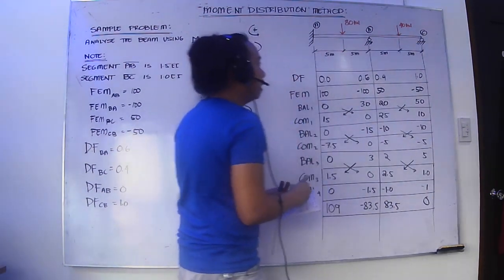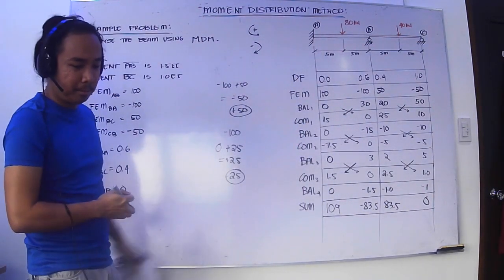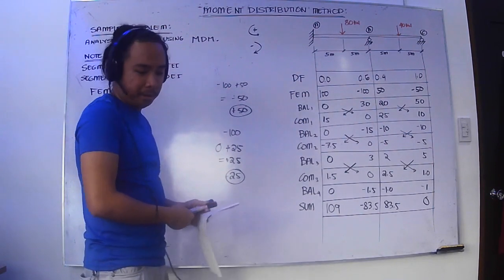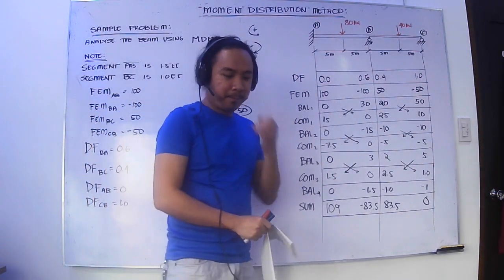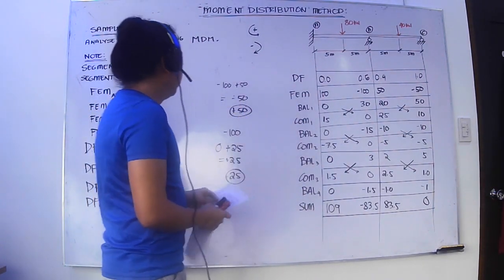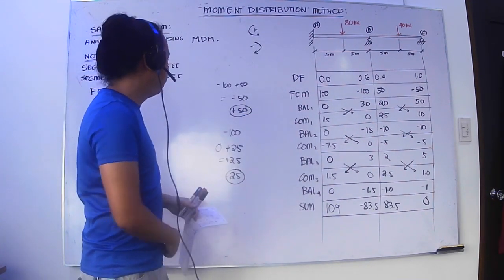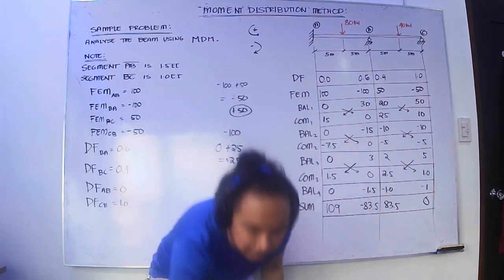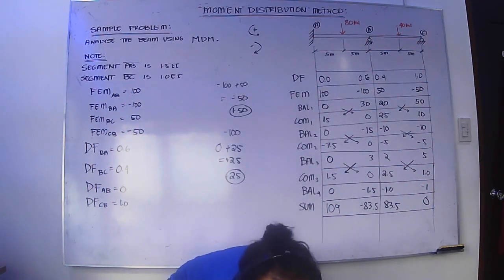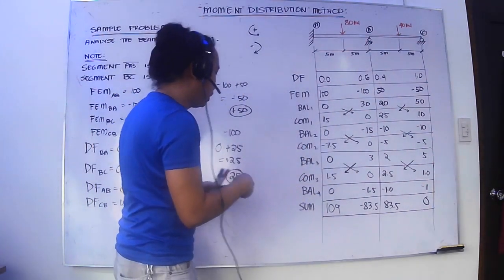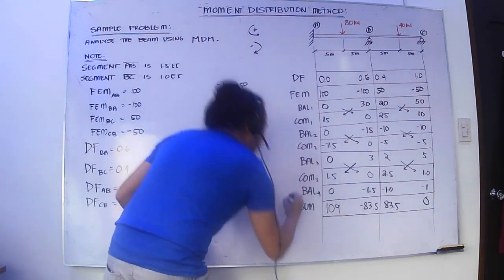So only normal, since this is a simply supported end, there is no reactive moment. Okay? So these are the computations. This is the sum, I add everything.